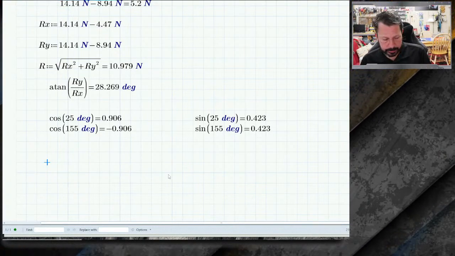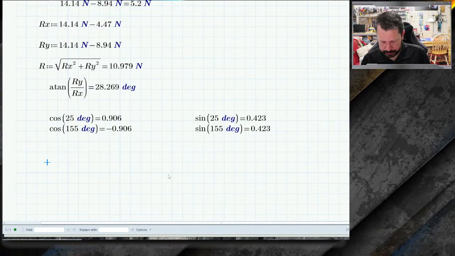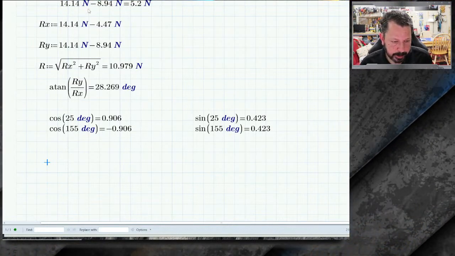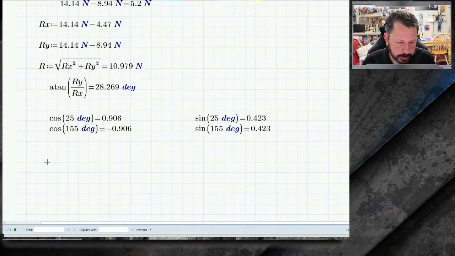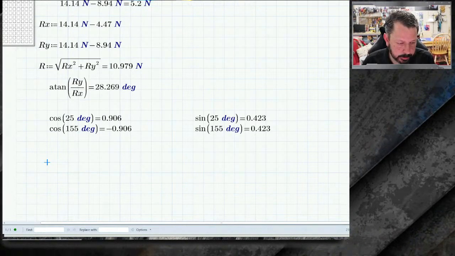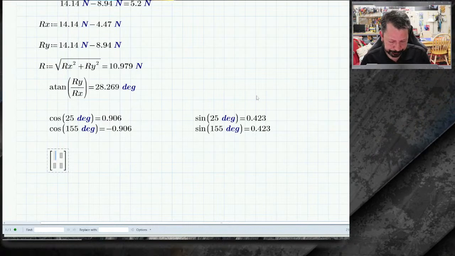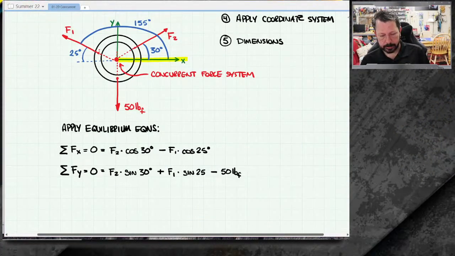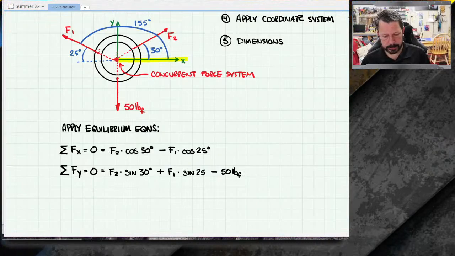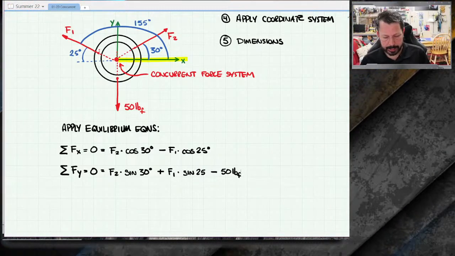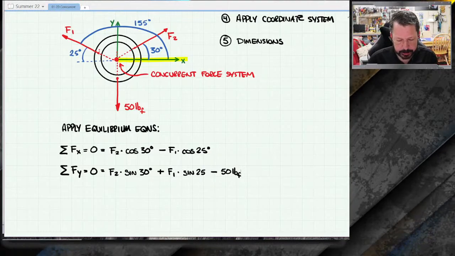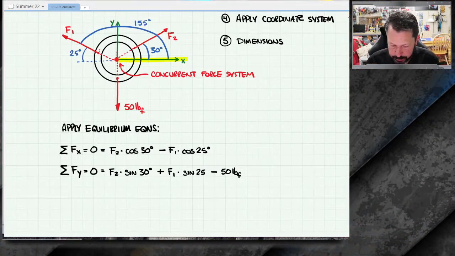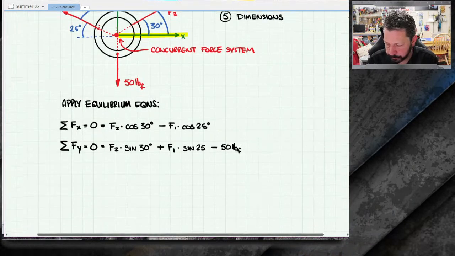We're about out of time, but let's see how we could solve these in MathCAD. One thing we could do is use some matrices. I wrote these out almost like a matrix already, so let's rearrange them so they look like a format I could put into a set of matrices.